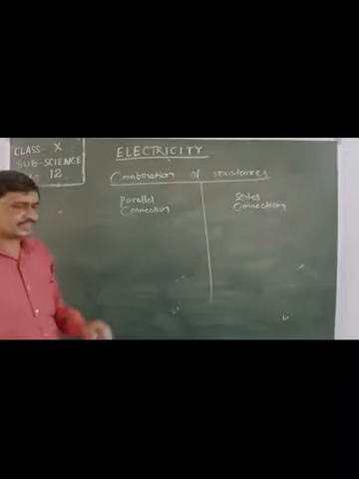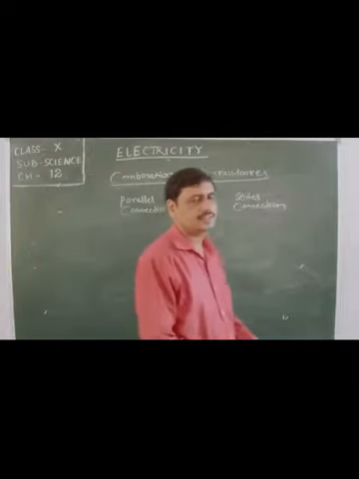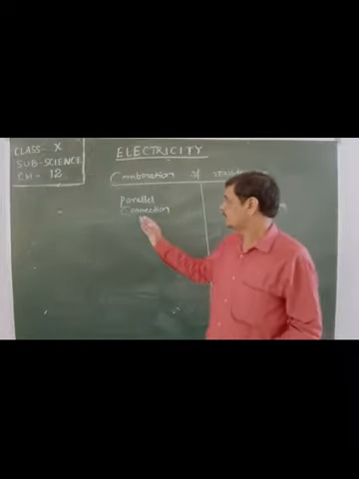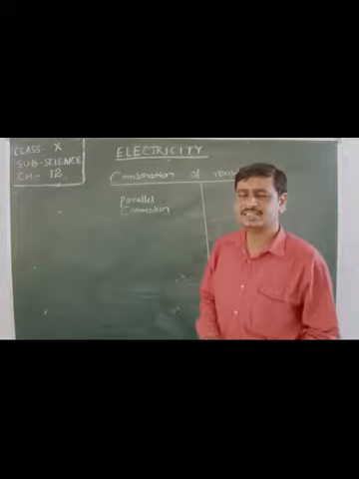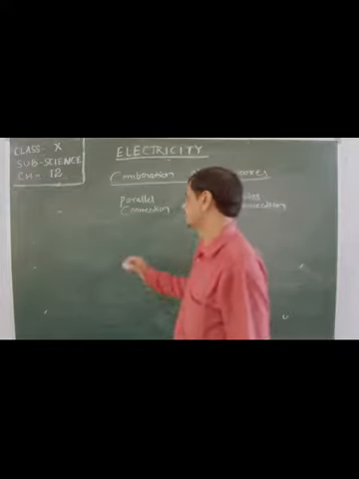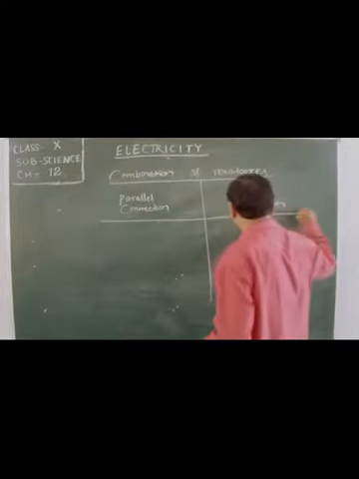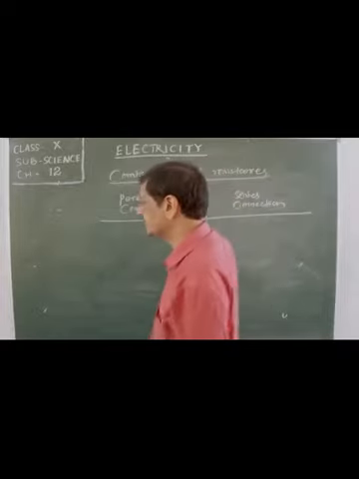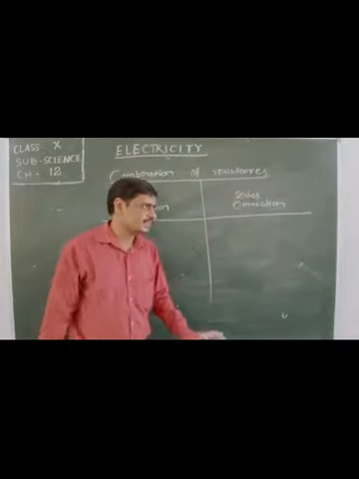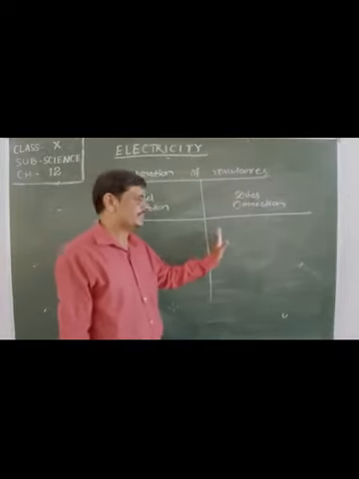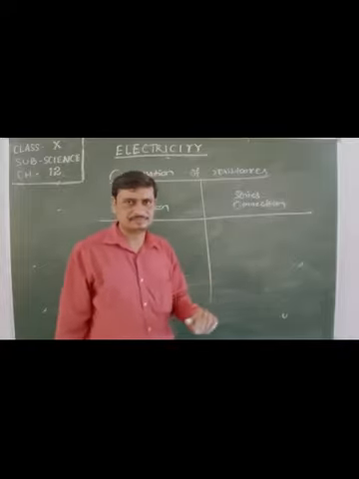In parallel connection, the resistances are connected with two fixed points. All the resistances are connected with two fixed points. But in series connection, the resistances or the resistors are connected end to end.